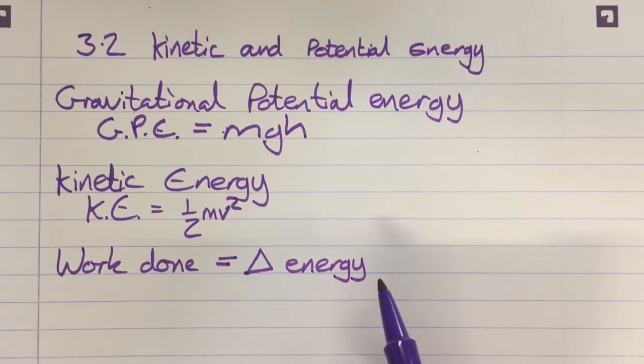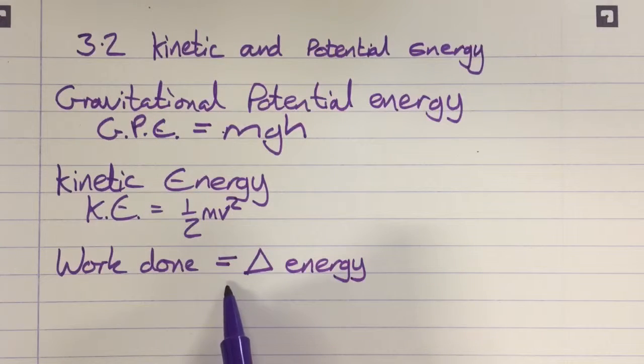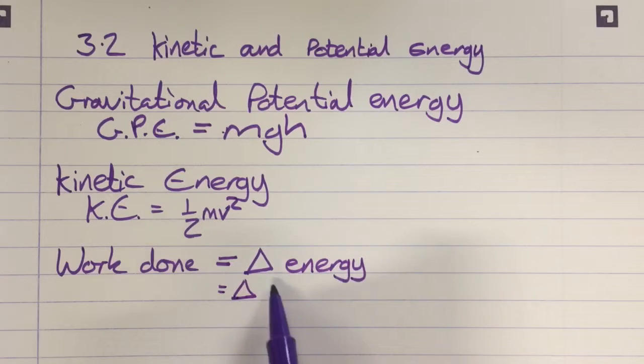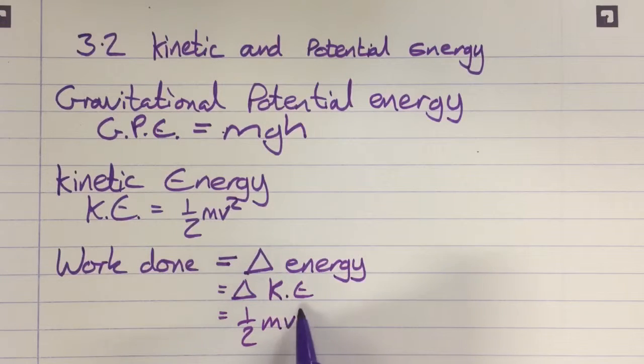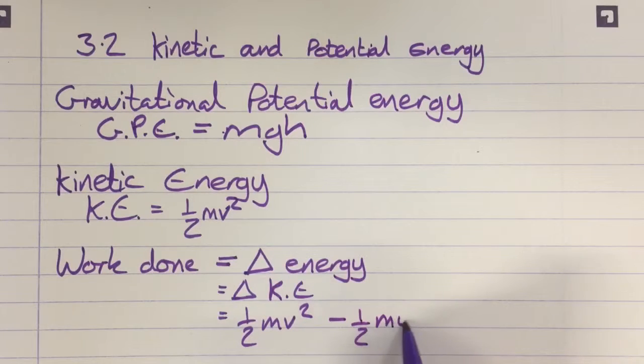So we're going to look quite specifically at the change in kinetic energy, which we can look at as half mv squared, the kinetic energy from the final velocity in any situation, take away the initial kinetic energy.